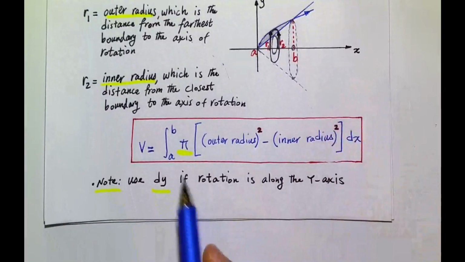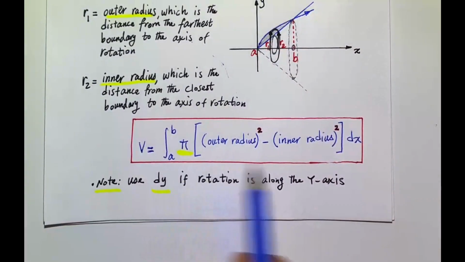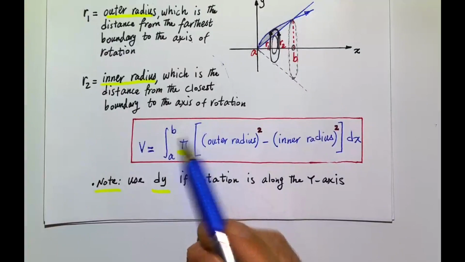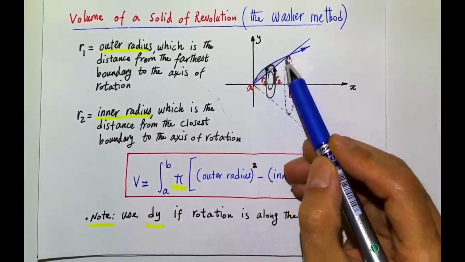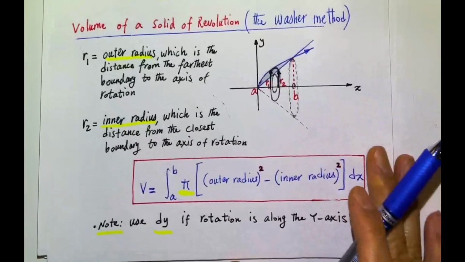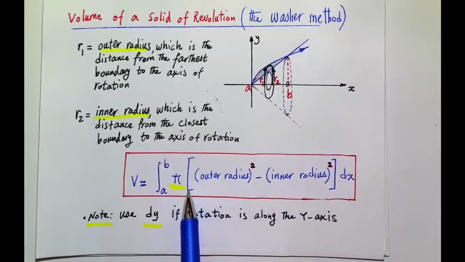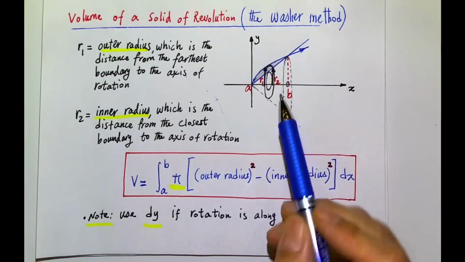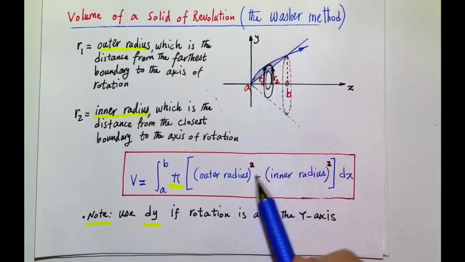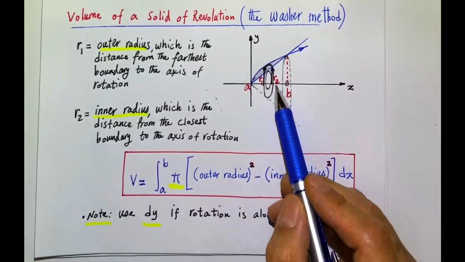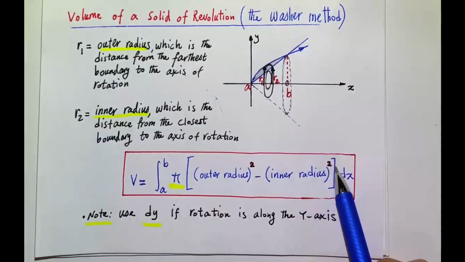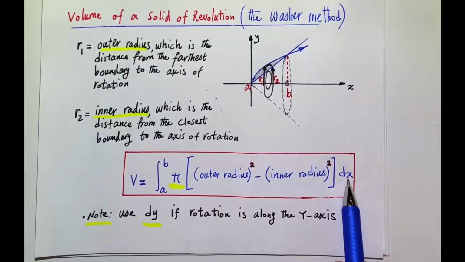Because, as you see in this formula, we can integrate from a to b, from this point to that point, pi times the outer radius, R1 in this case, squared, minus the inner radius, R2, squared, dx.